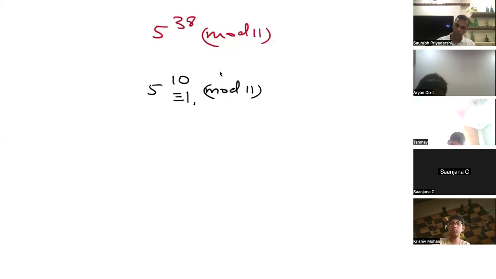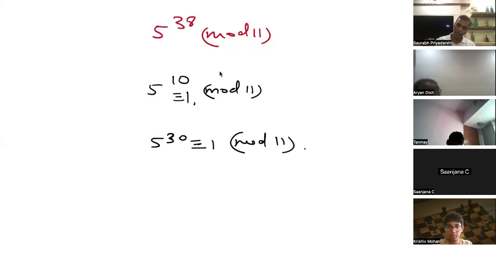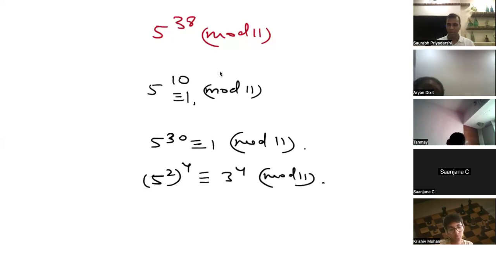So again, 5 to the power 30 is congruent to 1 mod 11. Then 5 to the power 8 is 5 squared to the power 4, congruent to 25, that's 3 to the power 4 mod 11. And 81 is 4 mod 11. This is directly we can find.